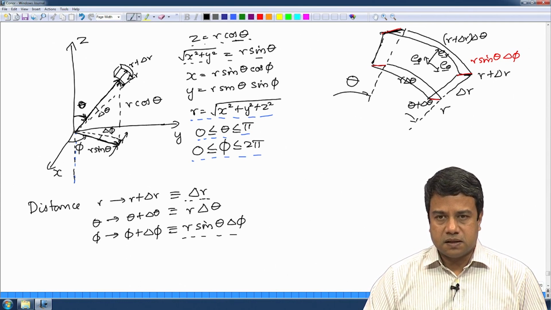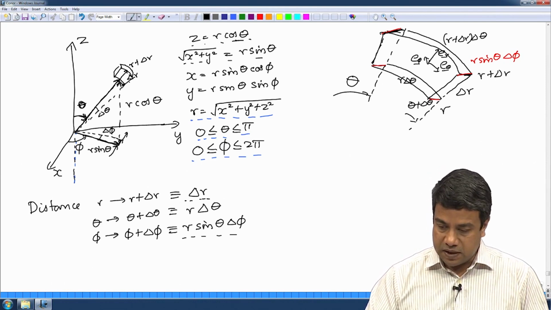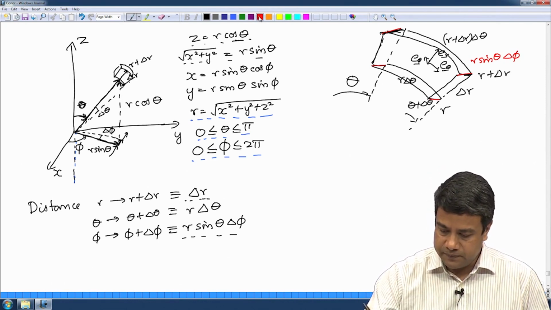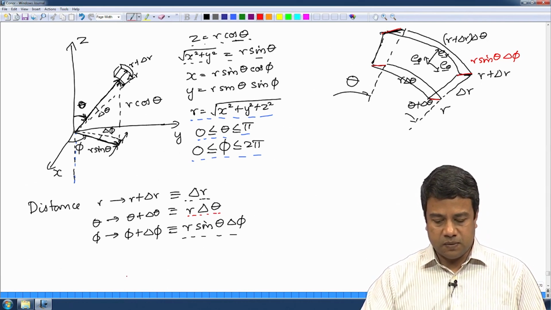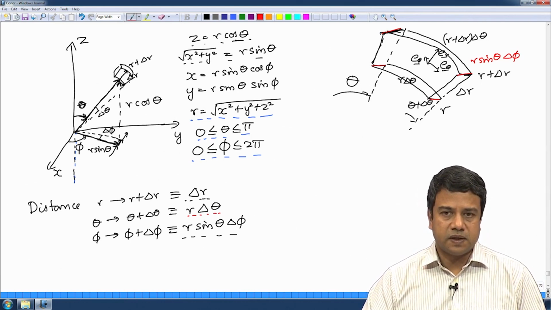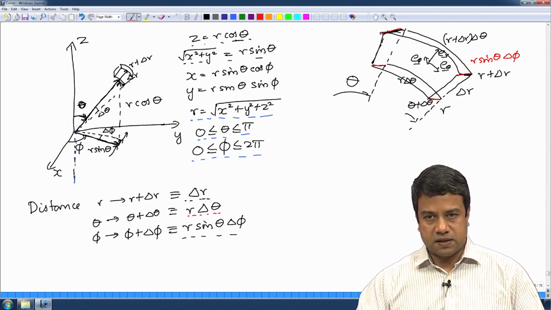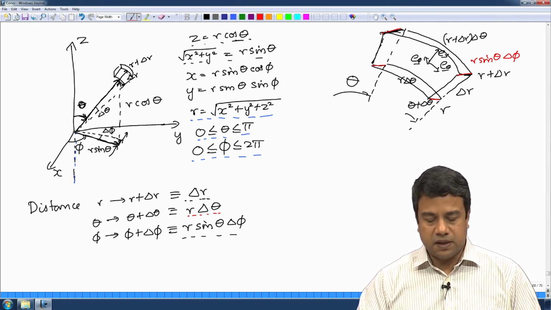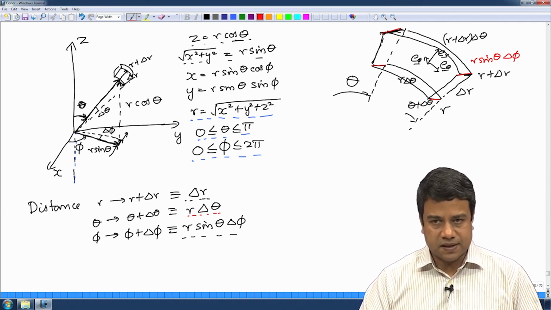In the theta direction, if you increment the angle theta by a small amount delta theta, the actual distance moved is r times delta theta. And in the phi direction, if you increment the angle by a small increment delta phi, the actual distance moved is the radius times delta phi. The radius in this case is r sin theta, of the projection onto the x axis.